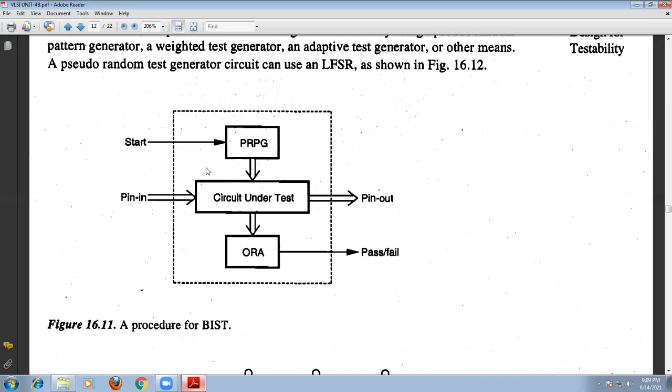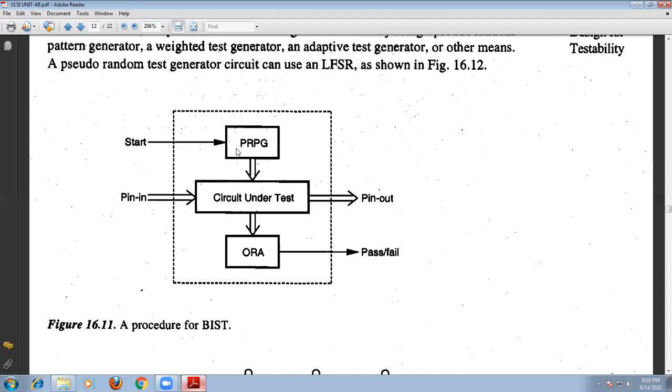The main roles of these circuits are given in this figure. The implementation of both the PRPG and the output response analyzer can be done using linear feedback shift registers.